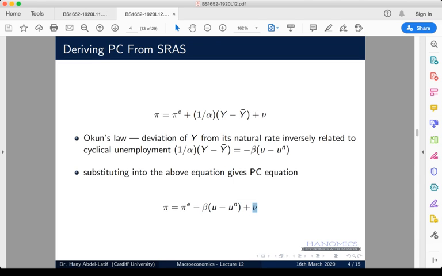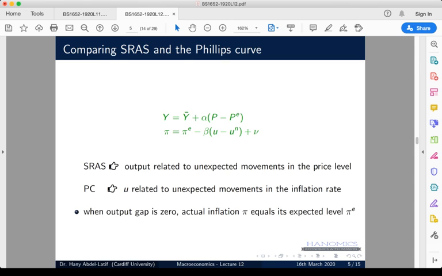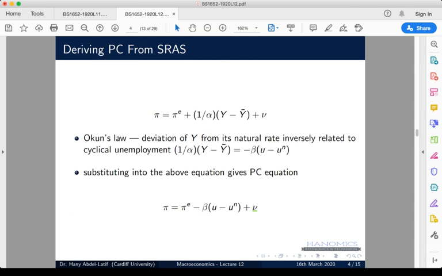This is what we would call the expectations augmented Phillips curve, since we see expectations here, and we build the whole analysis accounting for expectations. But this is different from the original 1960s Phillips curve, as we explained before.